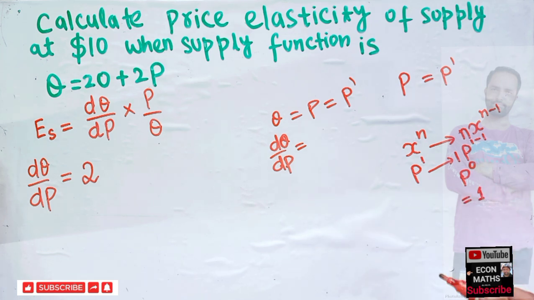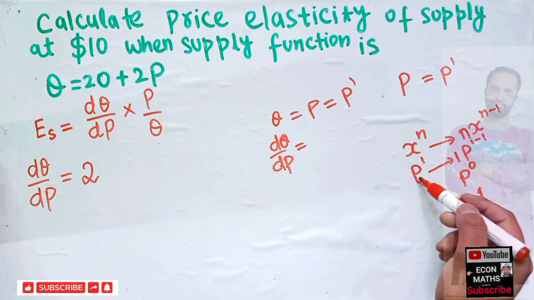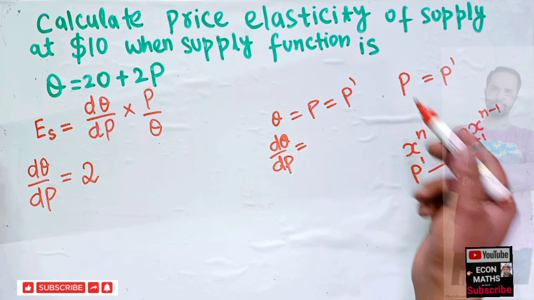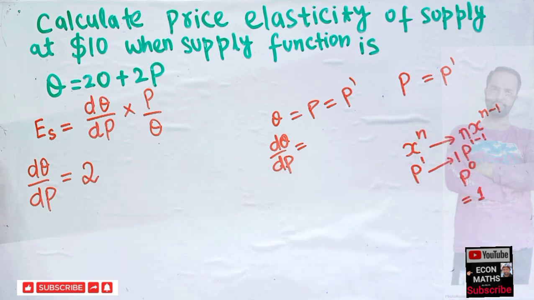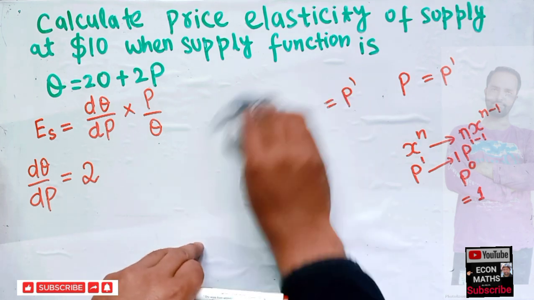By anything I don't mean 0 raised to the power 0, that is undefined. Anything except 0 raised to the power 0 is equal to 1, so the derivative of P is equal to 1. So it was a bonus point.